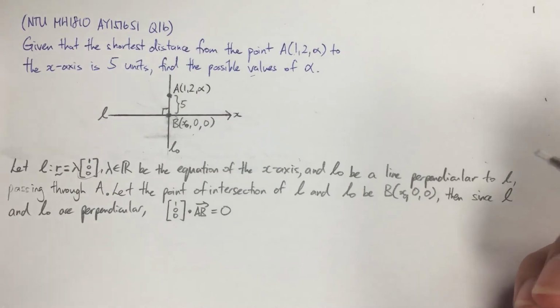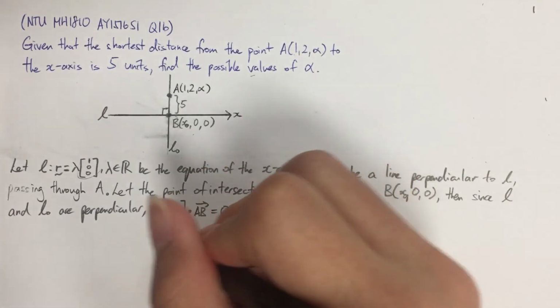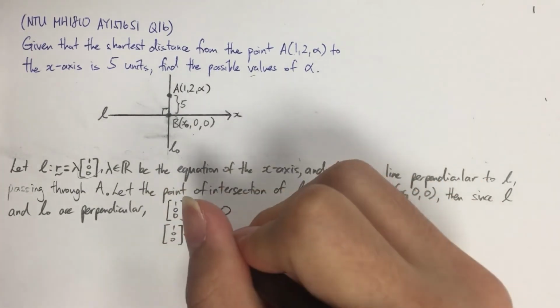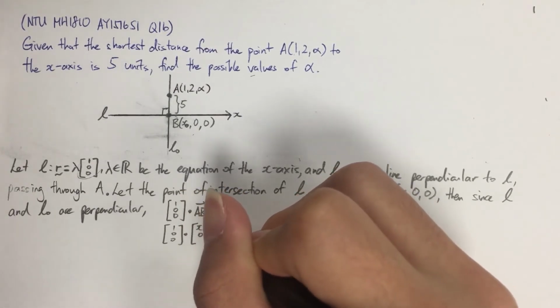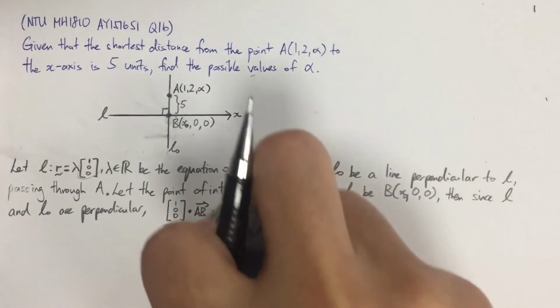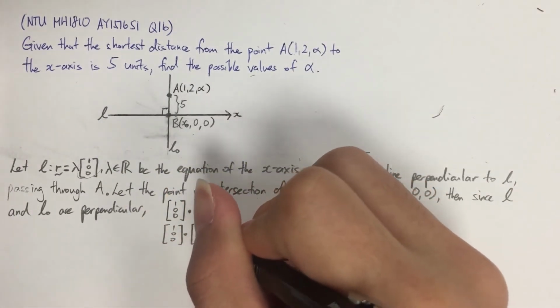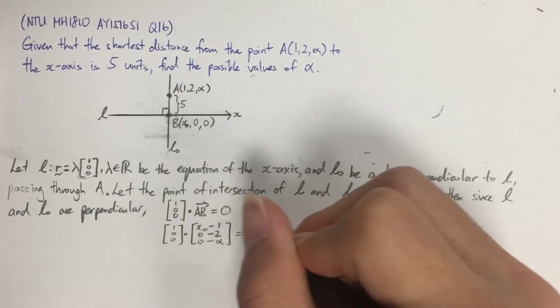And AB is not very hard to find. AB is just OB minus OA. Oh, I did that wrongly, sorry. That's (x0 − 1, 0 − 2, 0 − alpha). This should be 0.